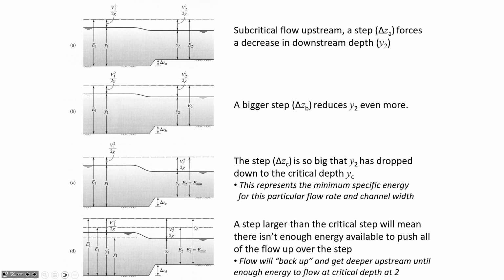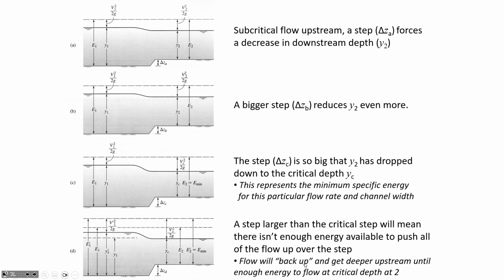It's going to stay critical flow downstream, but in order to achieve critical flow downstream, the water depth would have to get deeper at 1 in order for enough energy to accumulate to get up over this larger step. So the flow would back up. It would temporarily be unsteady, meaning conditions are changing over time.